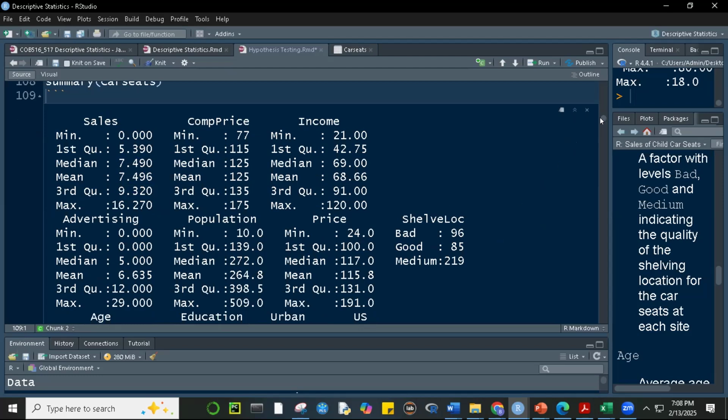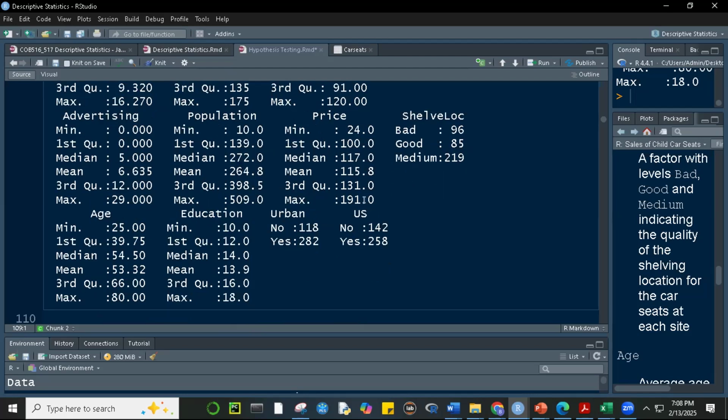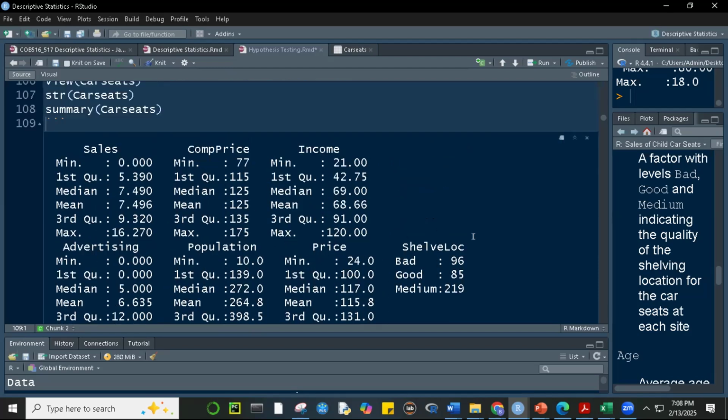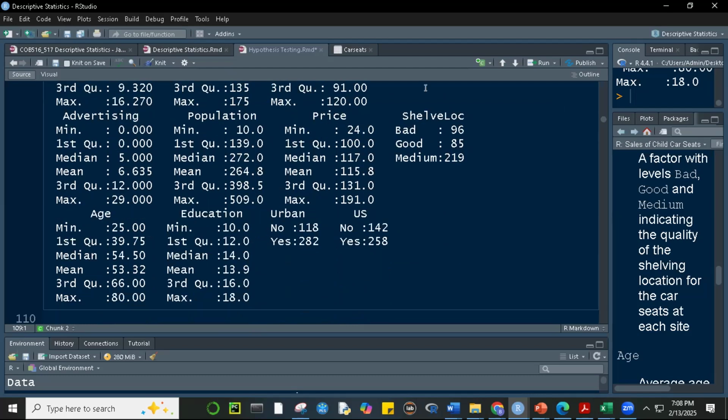For the factors, you can only have the count. Shelf location, you either have bad, good, or medium, and then you have the frequencies of the bad, good, and the medium. Same thing for urban. So there are 2 factors here, shelf location and urban, and the others are quantitative.